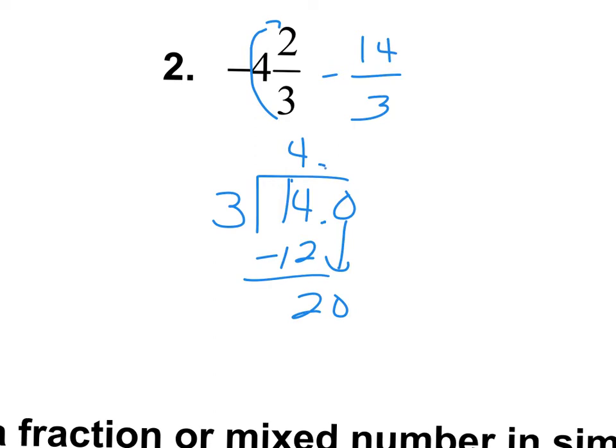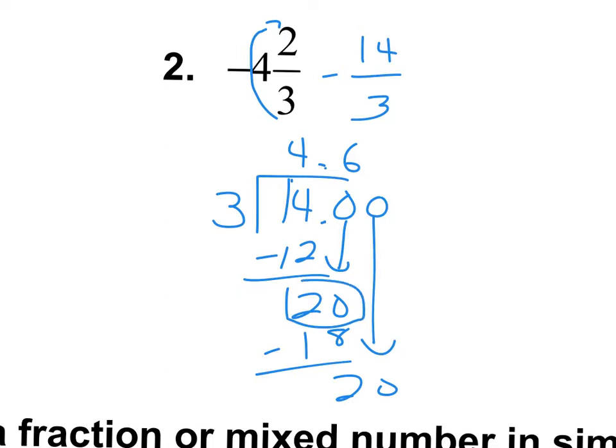Just remember that. 3 goes into 20 6 times, right? And that would be 18. We subtract it, we get 2, add a 0, drop that 0. But you see that this 20 is going to repeat on and on, right? If I do it again, I'd get 6, right? And then I'd minus 18 and I get that 2 again.